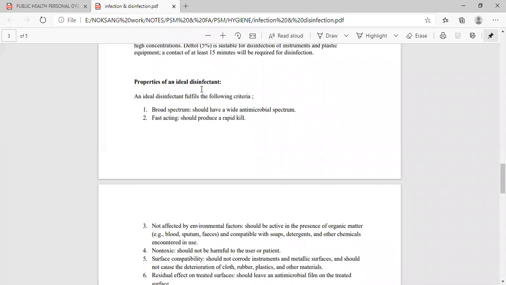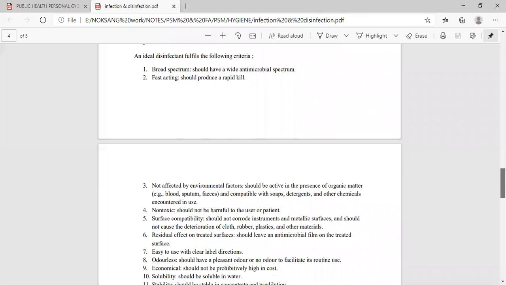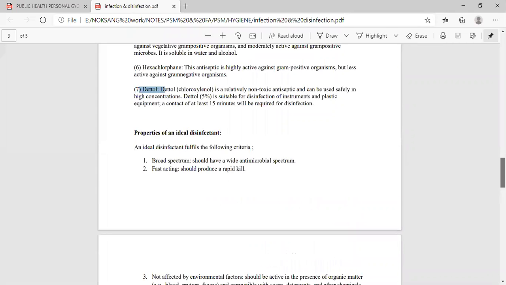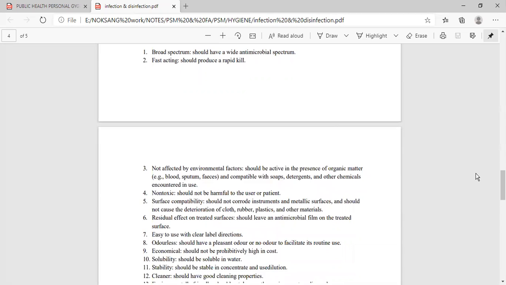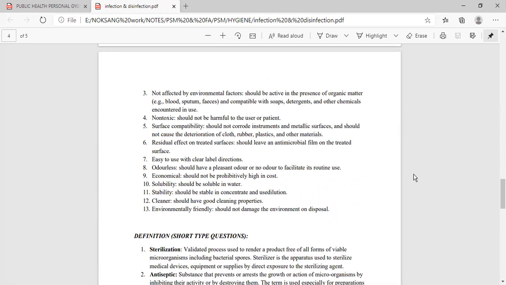Next, properties of an ideal disinfectant. Take the picture. And some of your exams were very bad. I can tell that some of the things were copied, maybe from your exercise itself. Take the pictures fast.